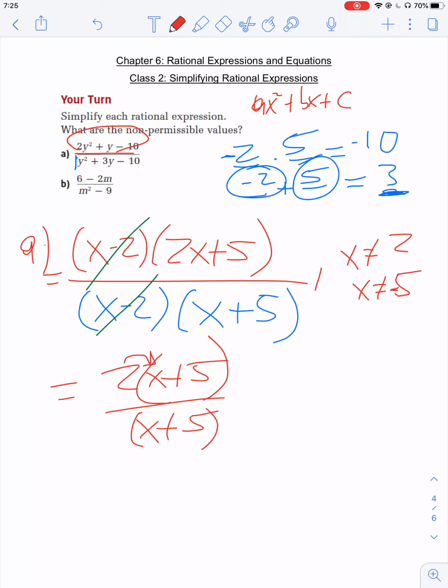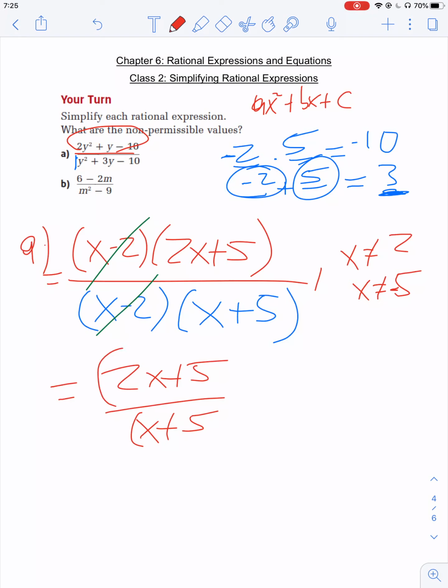If you multiply this, this becomes 2x, this becomes 10. Then you could have factored the 2 and crossed this out. But as it currently stands, as tempting as it may look, you cannot do that.